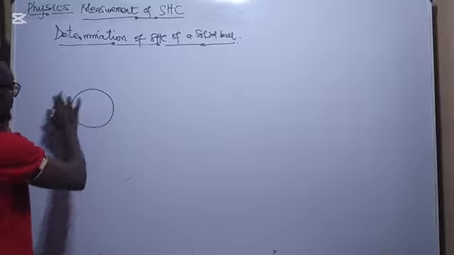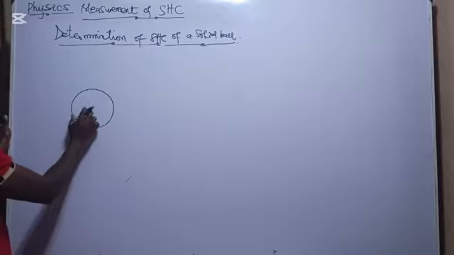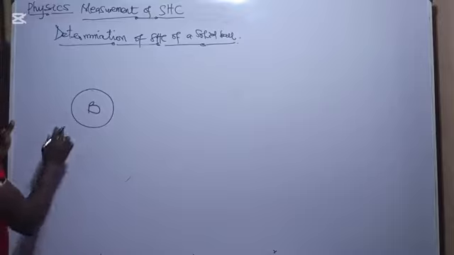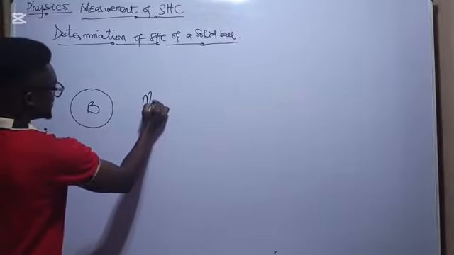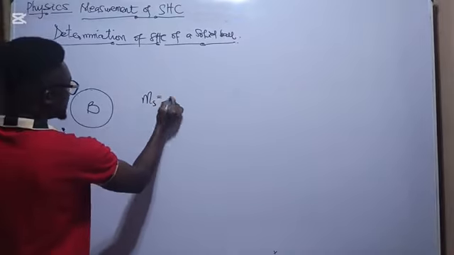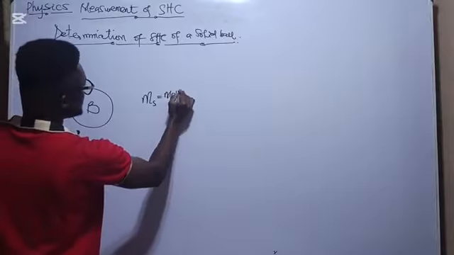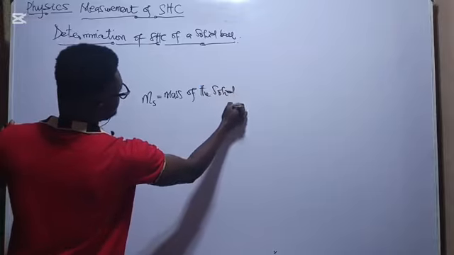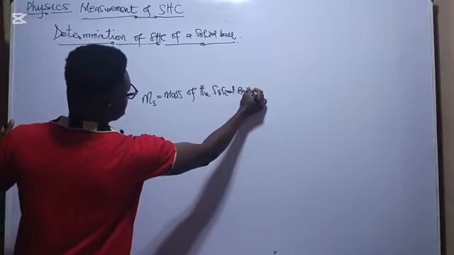We have this ball. We measure the what? The mass of this ball. If you get the measurement of the mass, we say ms is the mass of the solid ball. Okay?